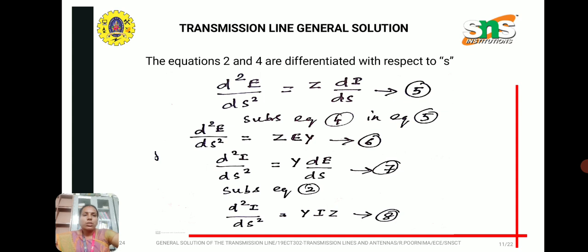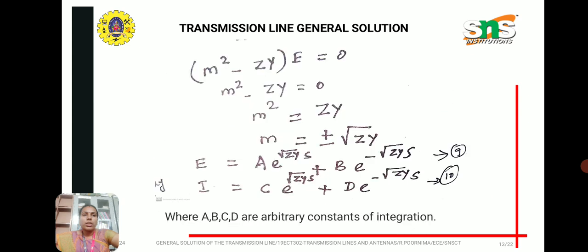These two equations are used to find the voltage and current. We also substitute the parameter m for solving the equations. Here m is plus or minus the square root of ZY, and the solution of the equation is given by the 9th and 10th equations, where A, B, C, D are arbitrary constants of integration.